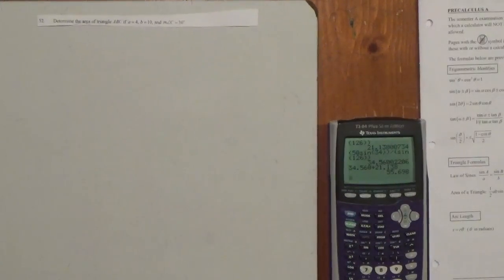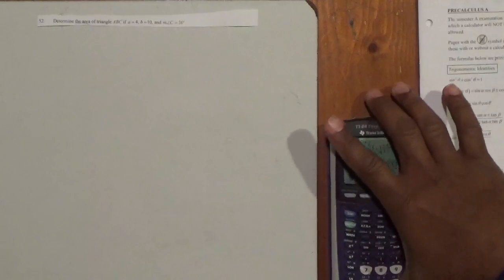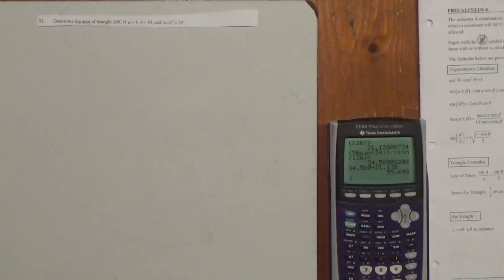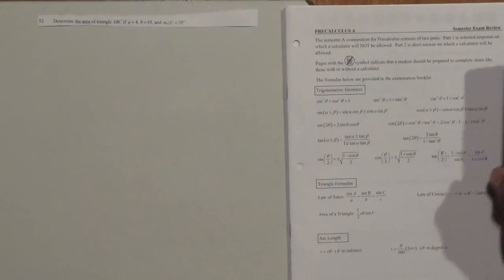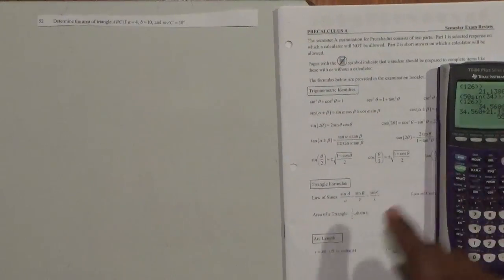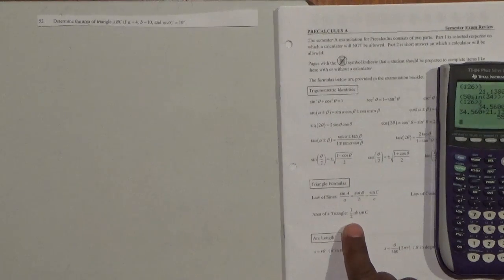Determine the area of the triangle ABC if side A is 4, side B is 10, and angle C is 30 degrees. I look on the formula sheet because I know we haven't had a chance to do any area of a triangle yet. And it sets it up really nicely for us.